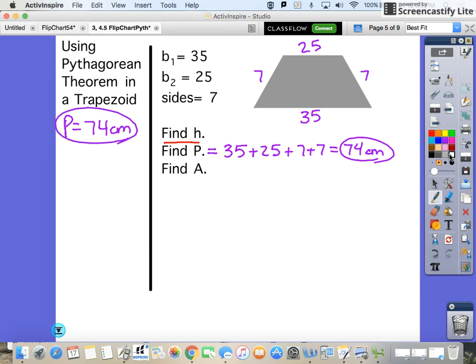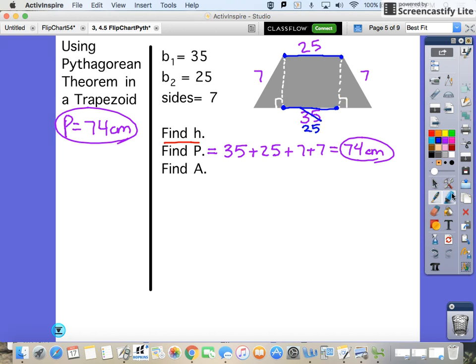Now this is the part that's difficult for students to remember. They have to drop 2 lines down and make a rectangle. Rectangles have 90 degrees, which means we've created some right triangles on the edges here. But if this side is 25 and you drop that down, this is also 25.